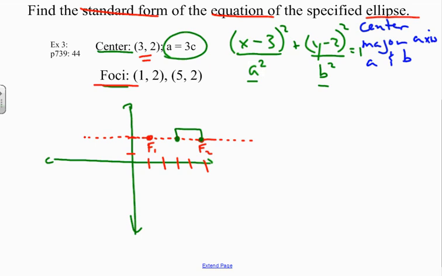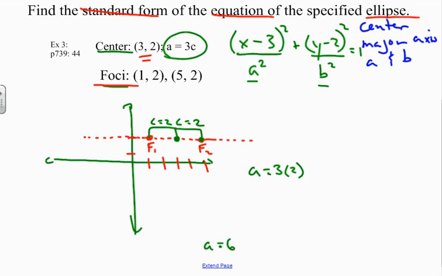From the center to the one focus, you can see right here, is 2. The same length is going to be over here, so C equals 2 as well. So we can find A equals 3 times C, and since C is 2, we plug that in and find that A equals 6.